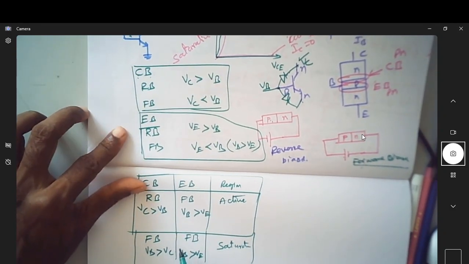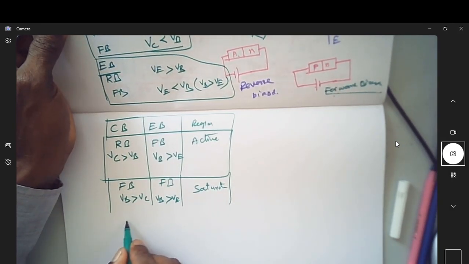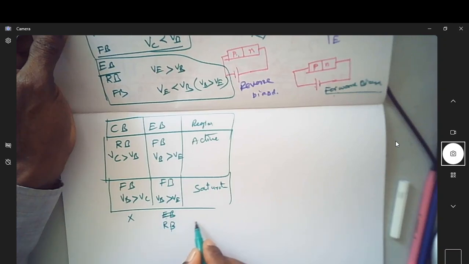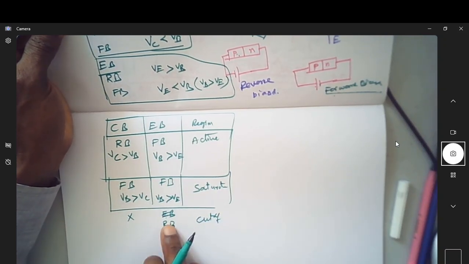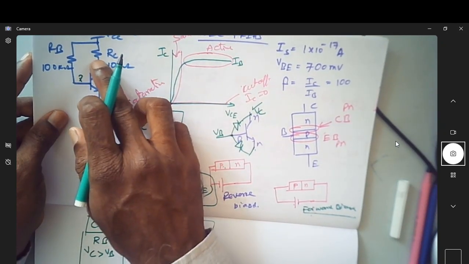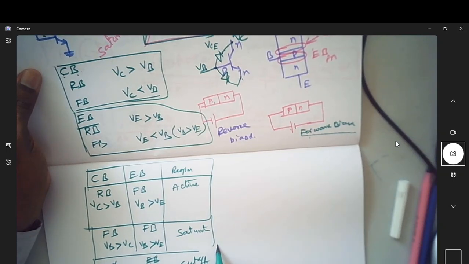When will it be in cutoff? It will be in cutoff, irrespective of the collector-base junction, if the emitter-base junction is reverse biased. If it is reverse bias, then it is in cutoff. When this is reverse biased, there is no question of whether the other is forward or reverse biased, because no current flows.